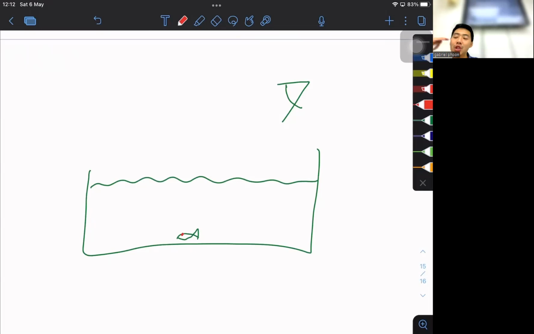So what you do is you straight away cheat, right? You know for a fact that the fish should be somewhere around here, right? Then with this information, all you need to do is draw the V shape to the fish only, right? Then you draw something like this. But make sure it's a dotted line here, by the way, because this is virtual light, right?